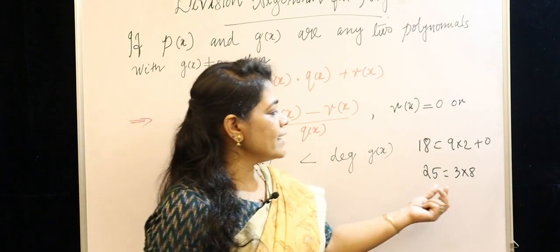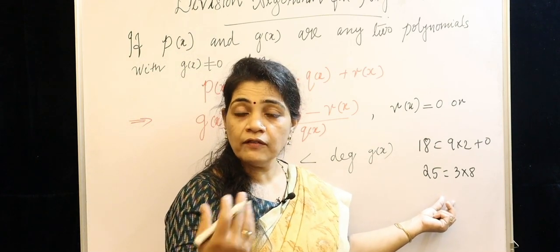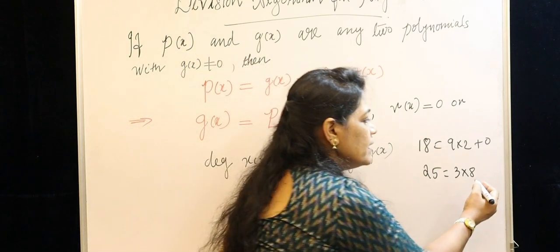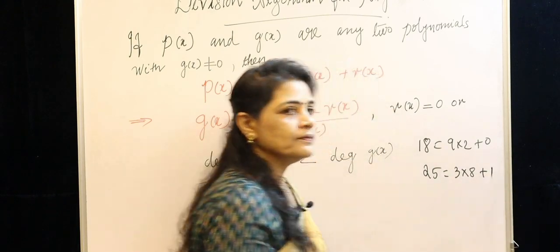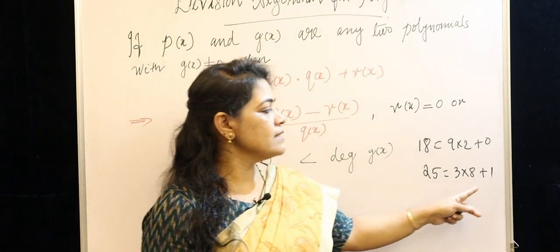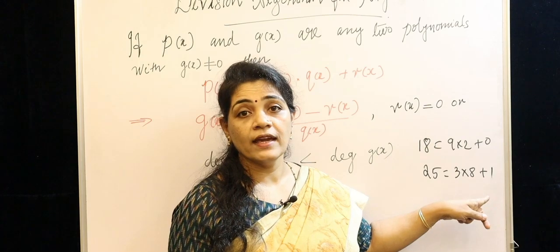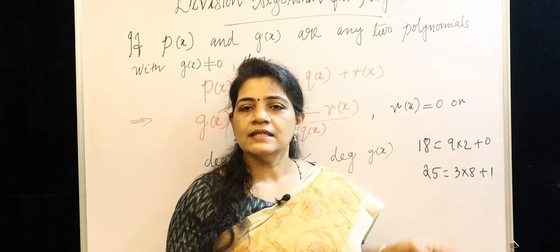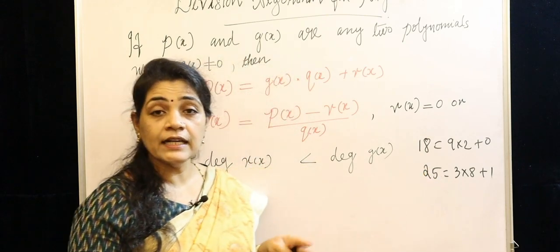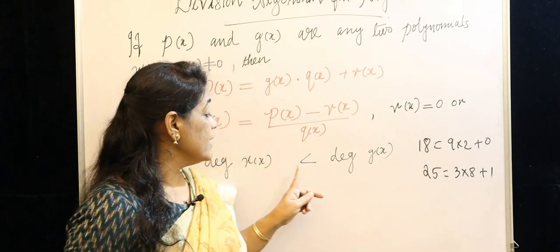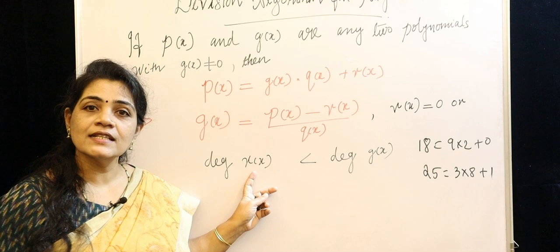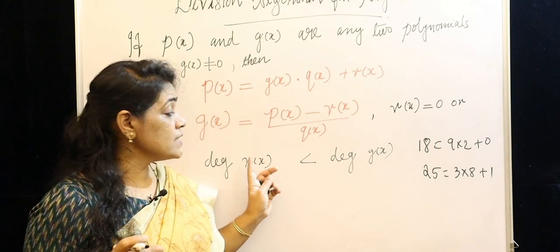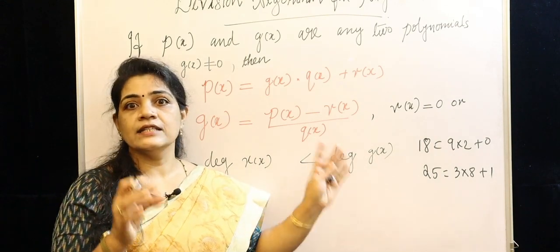So in order to satisfy the division rule, we should definitely have a remainder, and that can be 1. This remainder is always less than the divisor 3. The same result we can apply here in terms of degree. That means the degree of r of x is always strictly less than the degree of g of x.